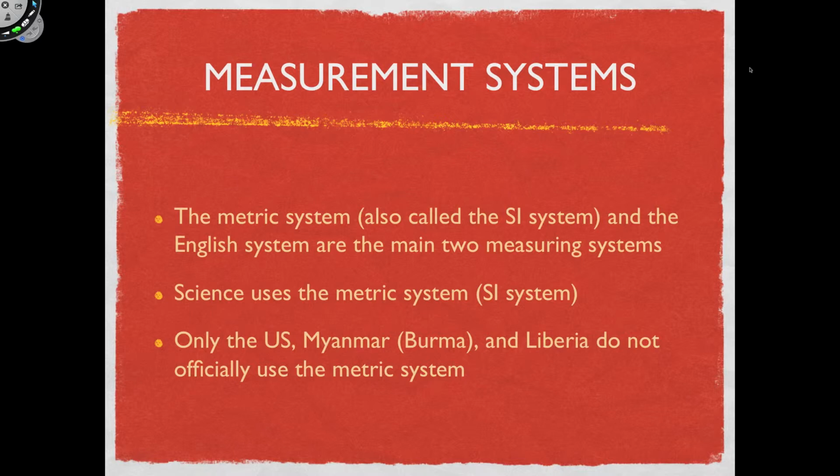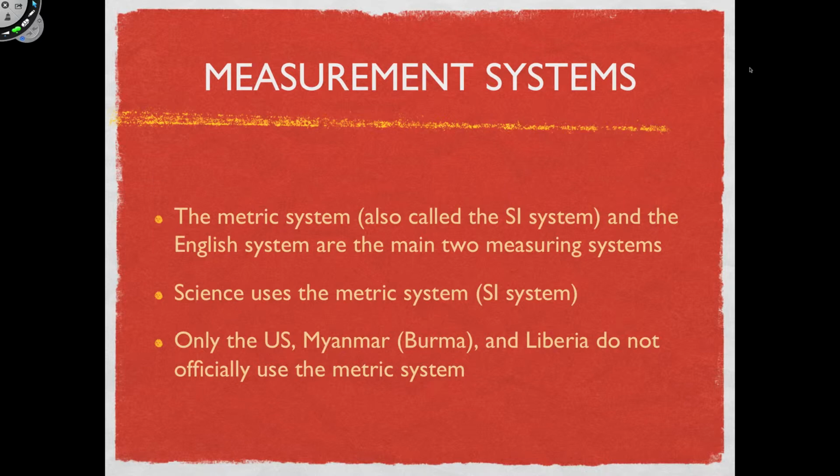There's many reasons why we still haven't converted officially to it. And if you think about it, we see it in our everyday lives. You go buy a 2-liter bottle of Coke. Well, there you go. Liters is a unit for the metric system. We don't go buy gallons of soft drinks.